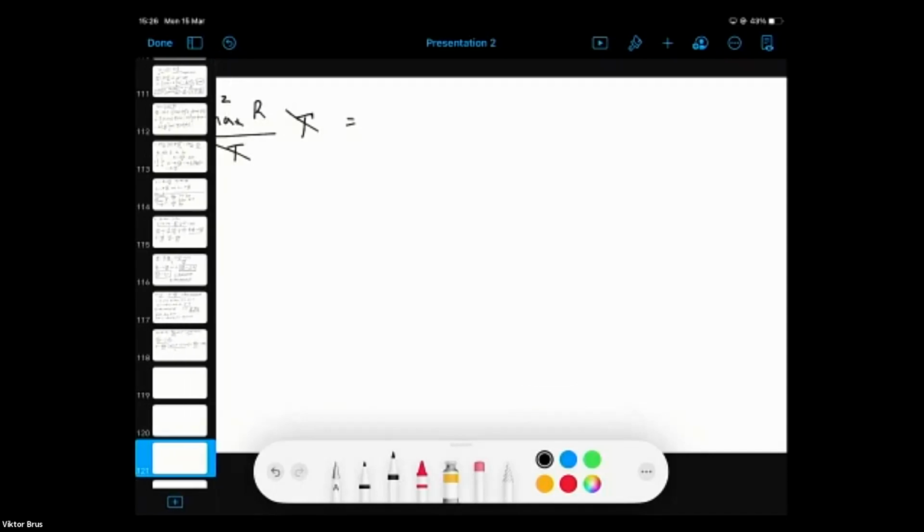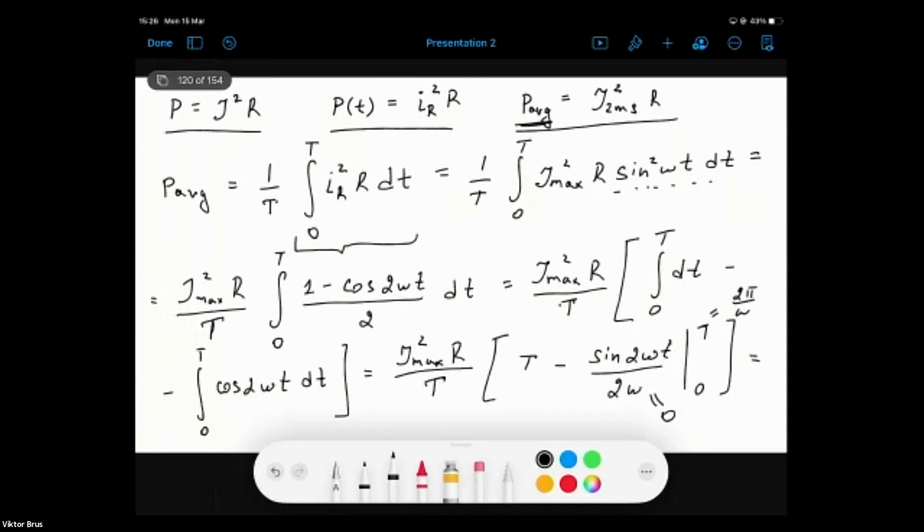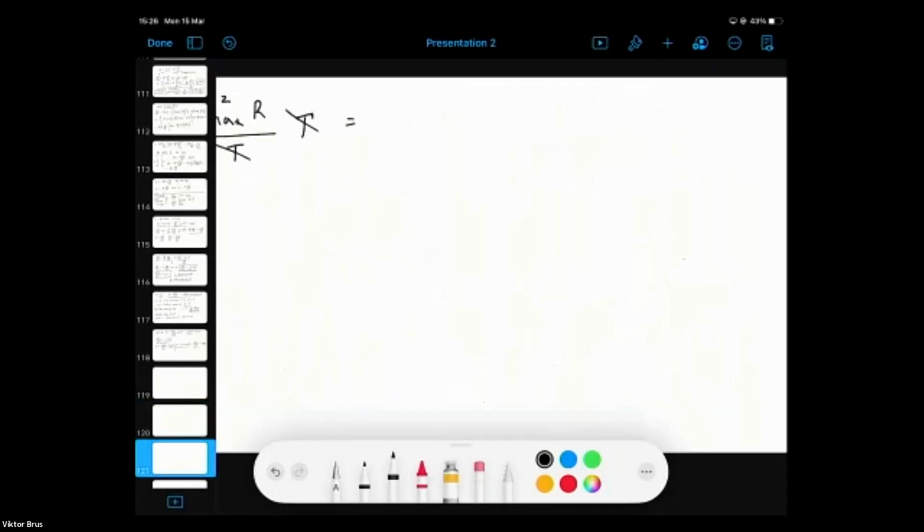Let's come back. I missed 2. So here we had this 2, so we need to factor it out from the integral. So we should have 2 here, and 2 here. Now we go next here.